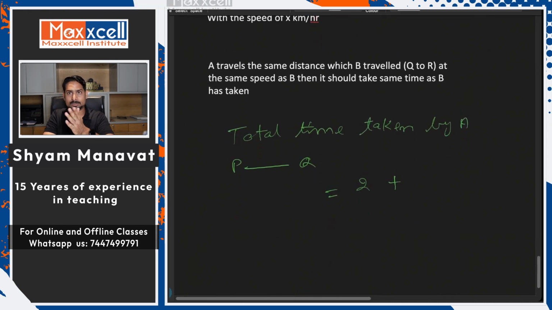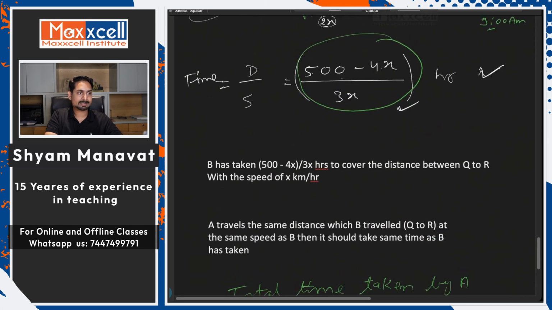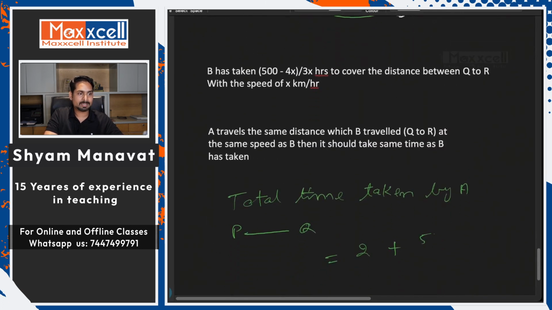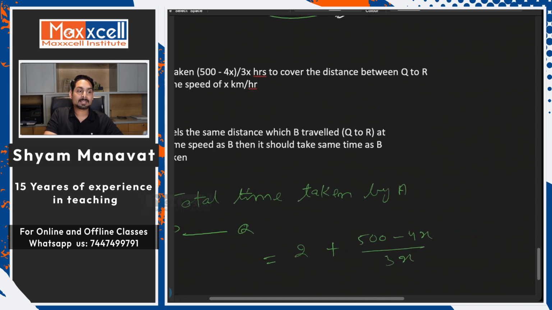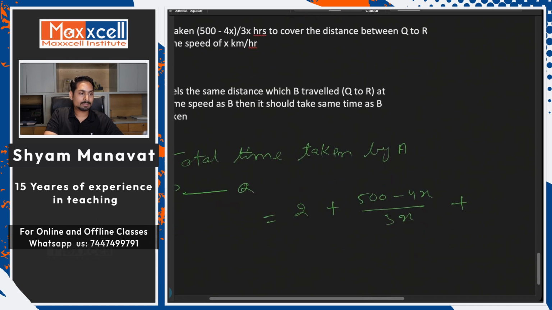Car A and car B both have taken the same time, right, to meet at point R. So car A has taken 500 minus 4x by 3x, by relative speed. This is P to T. This is T to R.